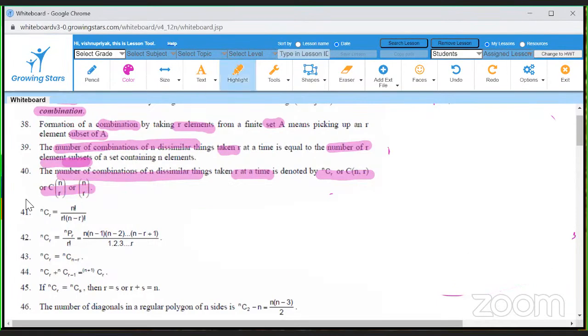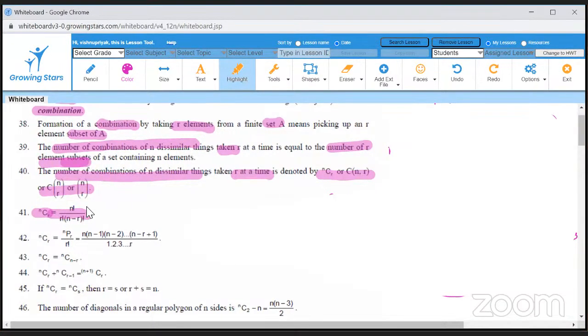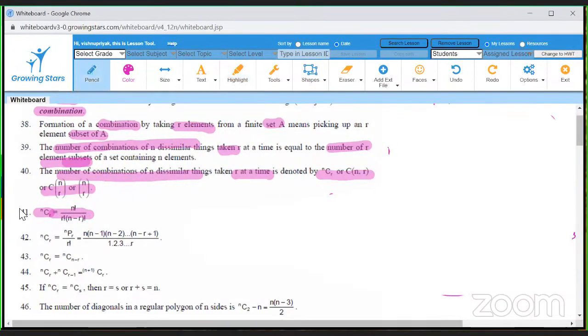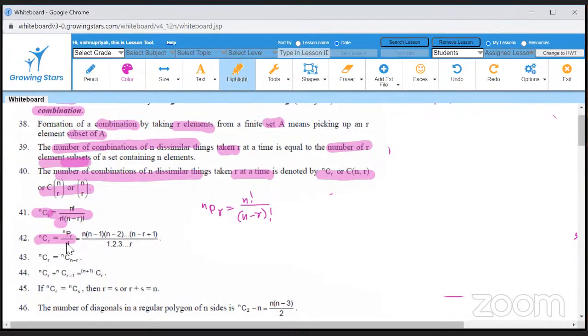Now, what is the formula for NCR, like you had for NPR? N factorial by R factorial into (N minus R) factorial. For NPR, it is only N factorial by (N minus R) factorial. But for NCR, this R factorial is also there. That's why NCR will be NPR by R factorial.